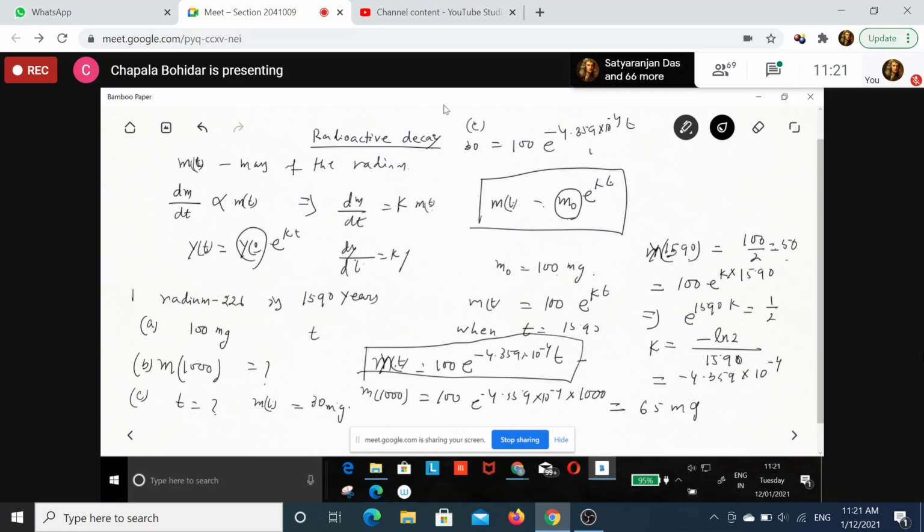So t is equal to how much? It is coming to 2762 years. Check it.